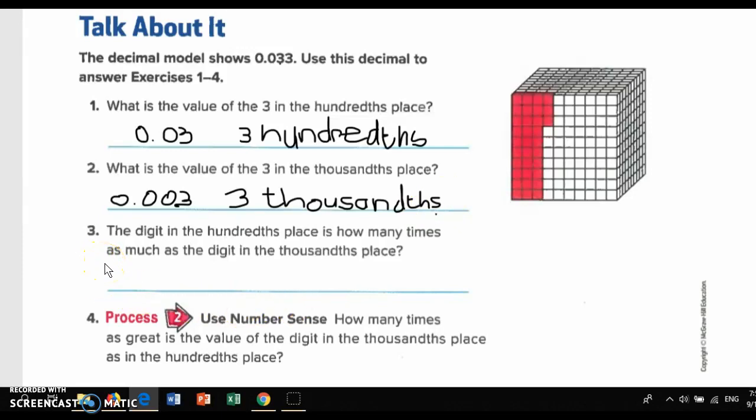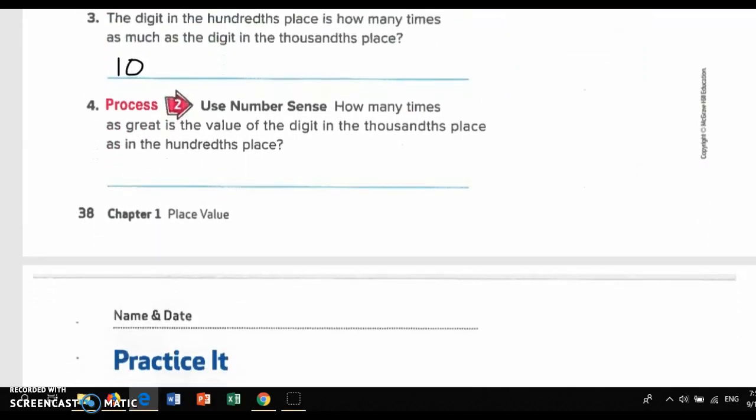The digit in the hundredths place is how many times as much as the digit in the thousandths place? It is 10 times as much. Use number sense. How many times as much is the value of the digit in the hundredths place as in the thousandths place? 10 times as much.